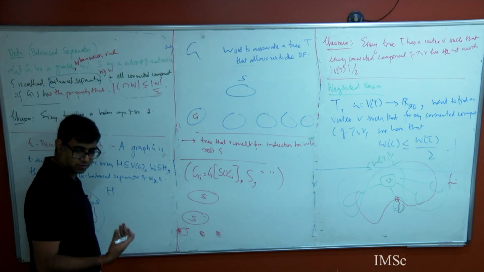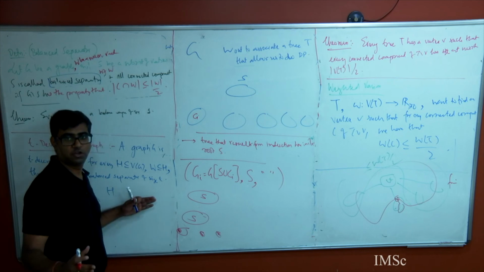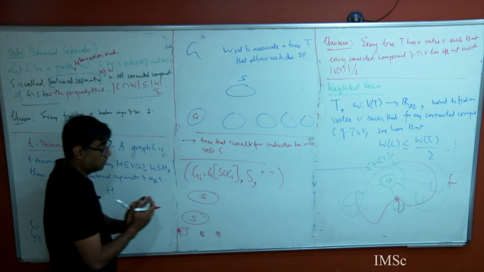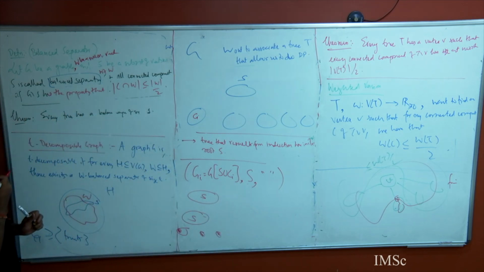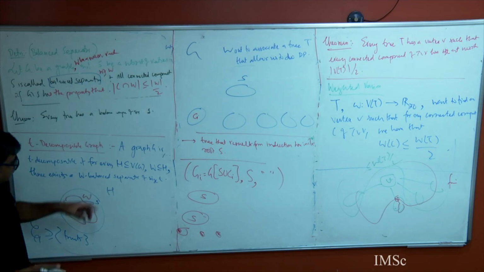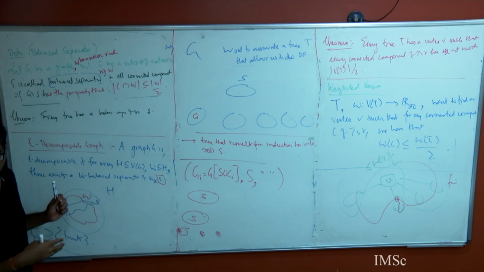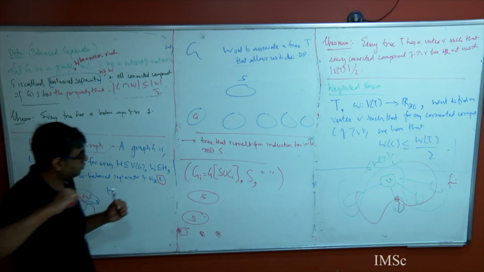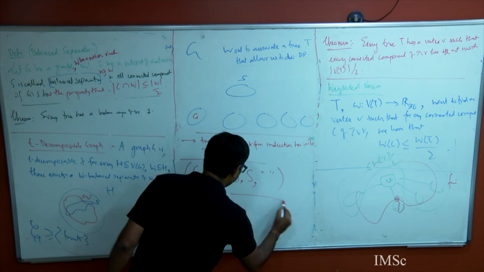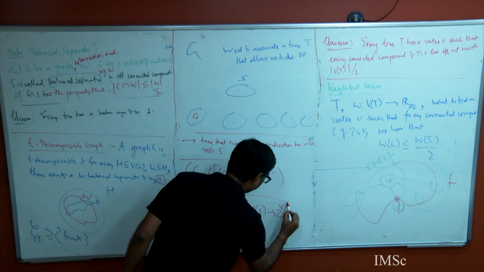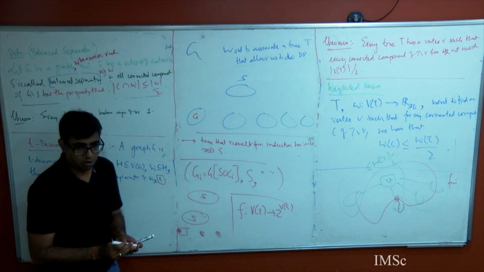Now why am I doing this? Ultimately I want the sizes not to blow up, the number of vertices I am associating with this function does not blow up. What is the property? There exists a T sized separator which does all this job. So I can come up with a decomposition of F, where my goal is ultimately to come up with 2 to the power V(G).